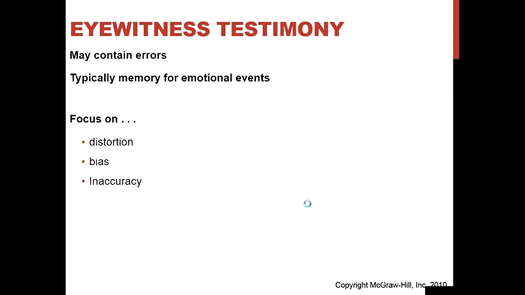They'll possibly do it in order to make themselves feel better, so that no one will come back and ask them the same questions again. If they agree with you, then you know, the same answers that they do. So it makes it a little less stressful. So we really need to watch these things when it comes to eyewitness testimony. It may contain errors. It is typically memory for an emotional event, but we need to focus on the possibility of distortion, bias, as well as inaccuracies in the testimony.